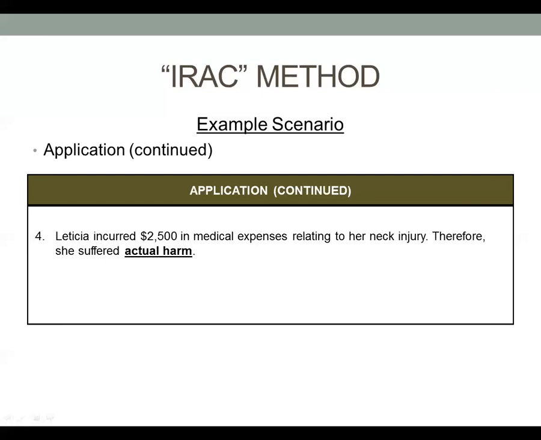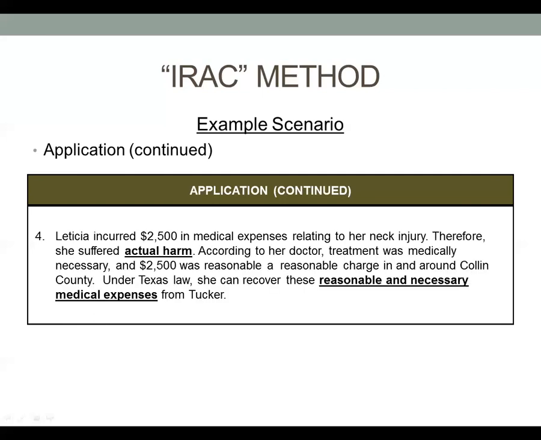And as we saw, actual harm can include reasonable and necessary medical expenses resulting from the accident. Well, here Leticia incurred $2,500 in medical expenses relating to her neck injury. Therefore, she had actual harm.